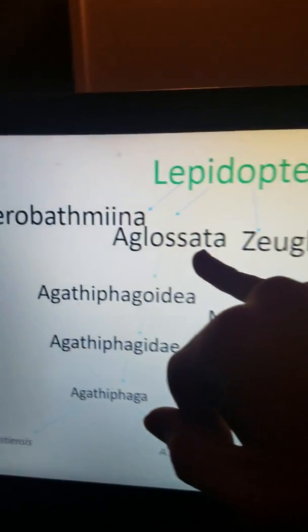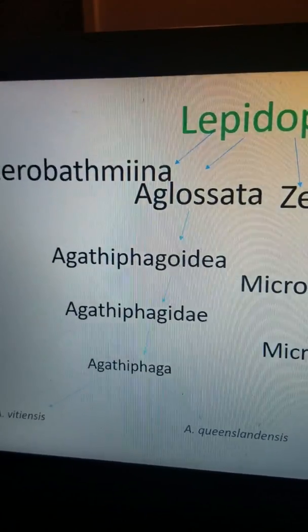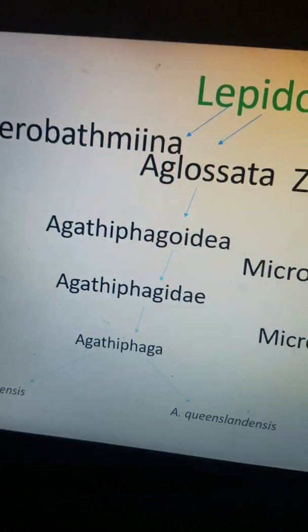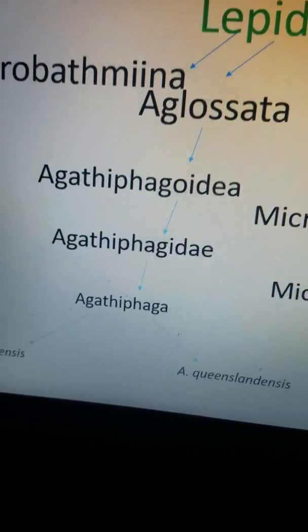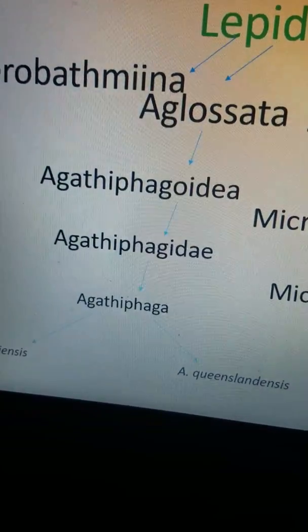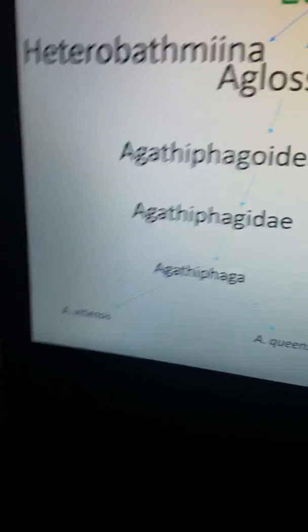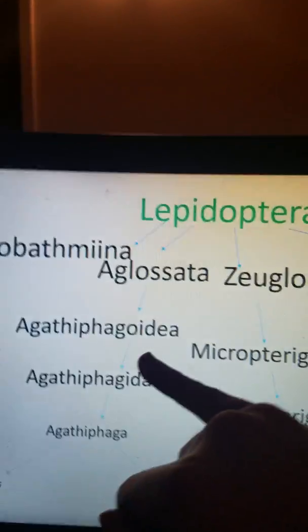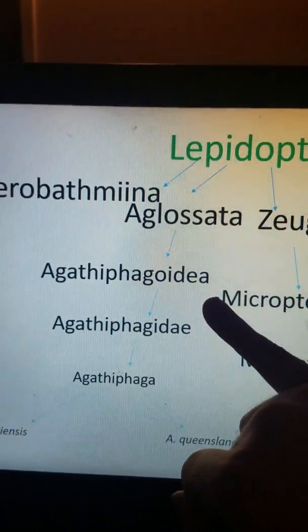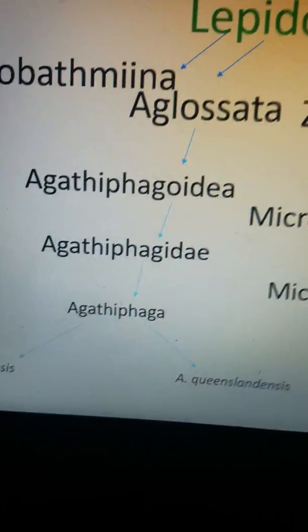Meanwhile, the Aglossata has just one superfamily, Agathiphagoidea, which has the single family Agathiphagidae, which has the genus Agathiphaga, which has just 2 species found in the South Pacific. As you can see, you have -oidea indicating a superfamily, and then a family, and then finally your genus and your two species. Notice how these species are in italics.